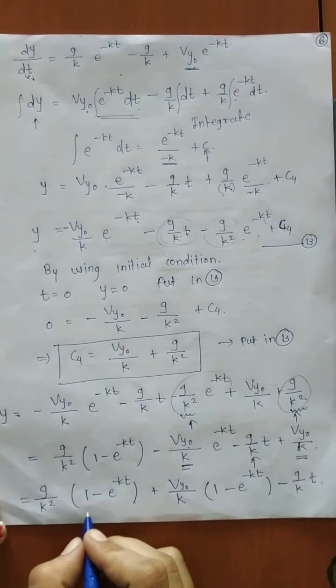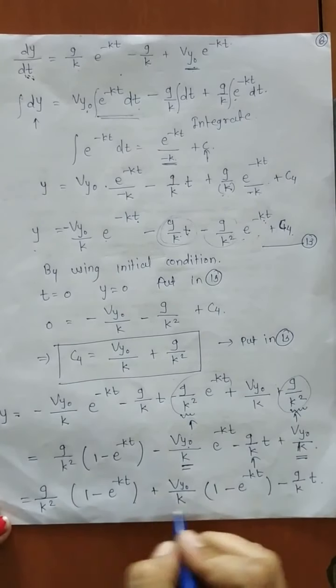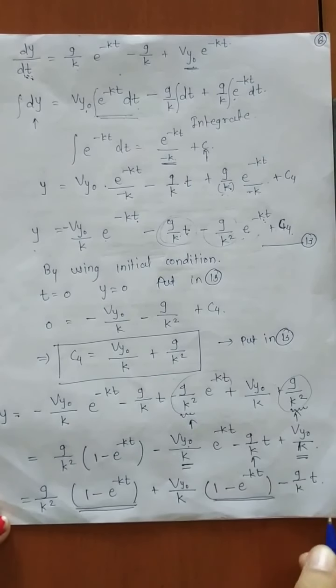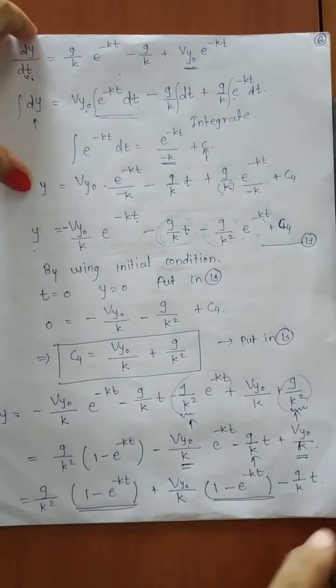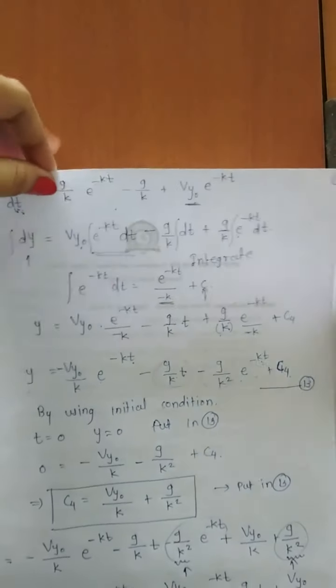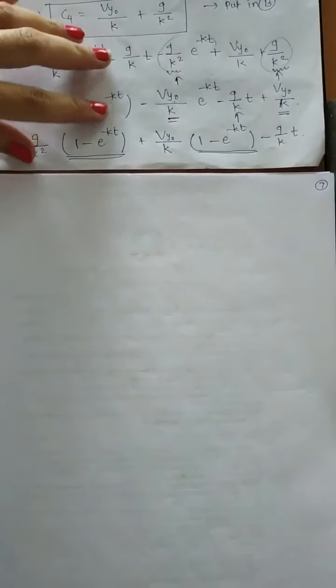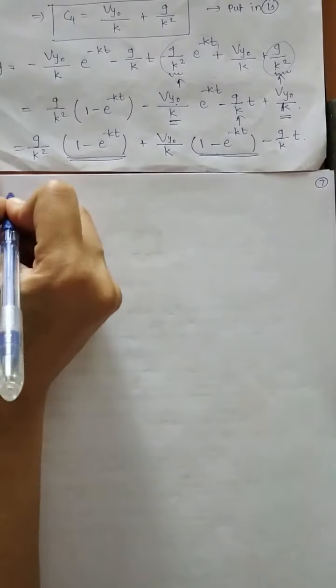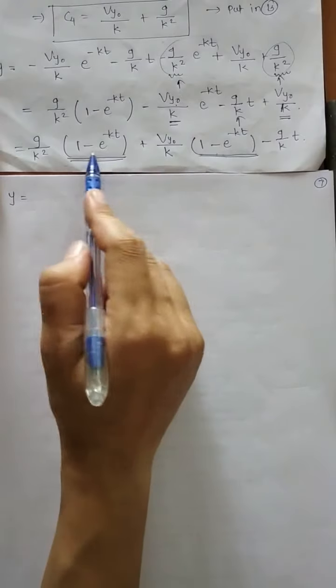Now, if you again observe these two terms, here this 1 minus e raised to minus kt is again common. Now, in the next step, what we have to do? We have to take 1 minus e raised to minus kt common. You will get y is equal to, take this term common.